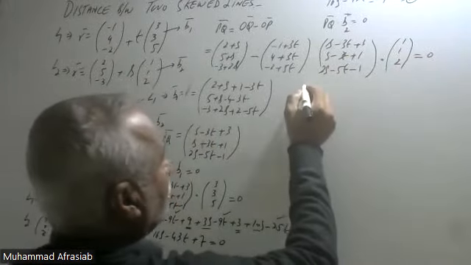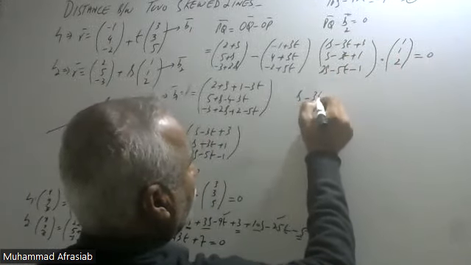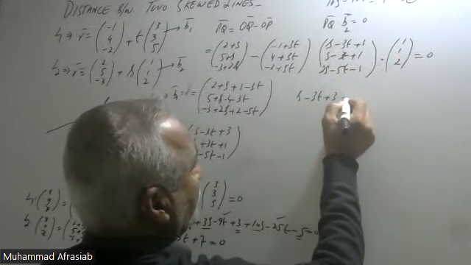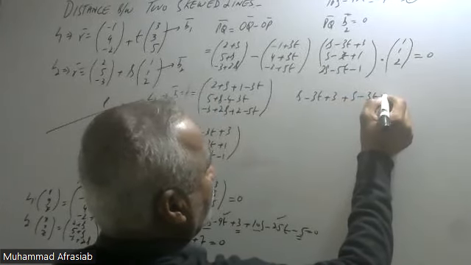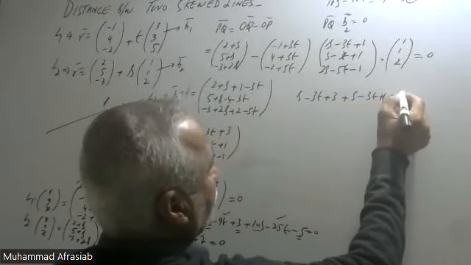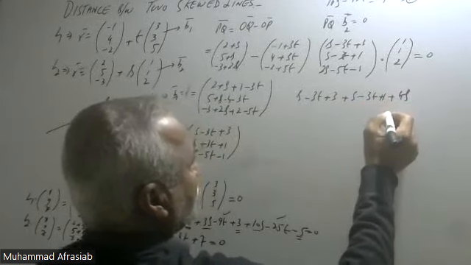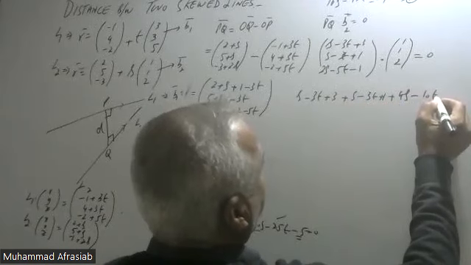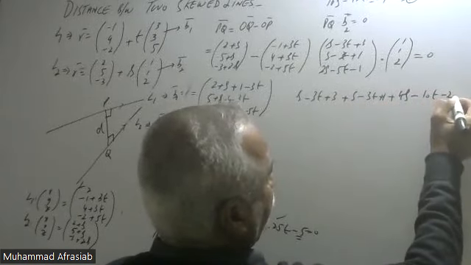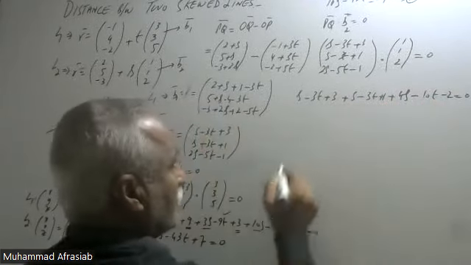Then this will become s minus 3t plus 3, plus s minus 3t plus 1, plus 4s minus 10t minus 2, should be equal to 0.